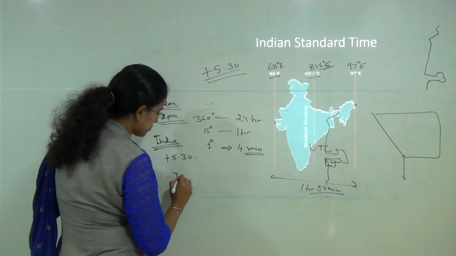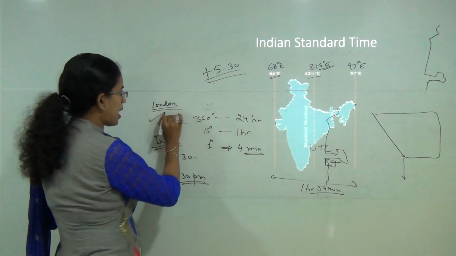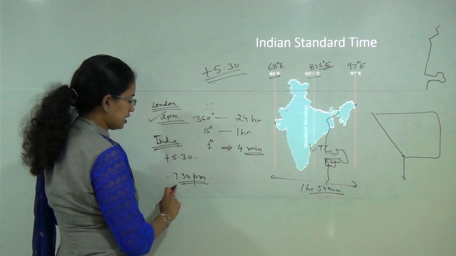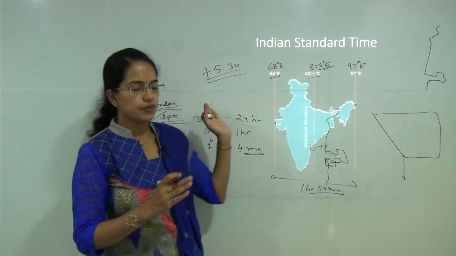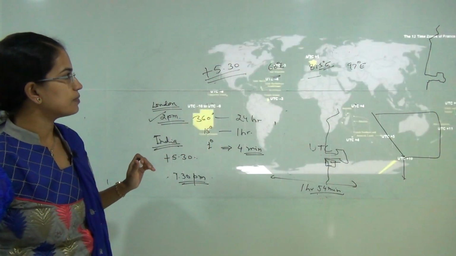So the local time would be 7:30 p.m. So if there is a live match going on in London at 2 p.m., in India you would see it at 7:30 p.m. So that's to understand how we calculate the time zone difference with a very fundamental example.